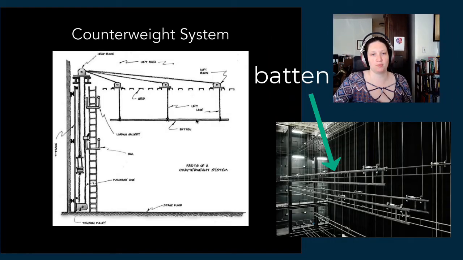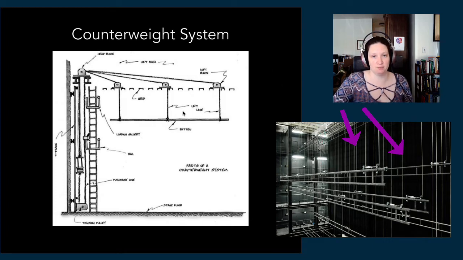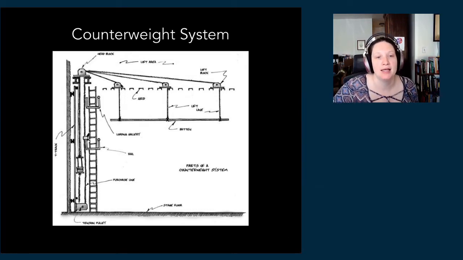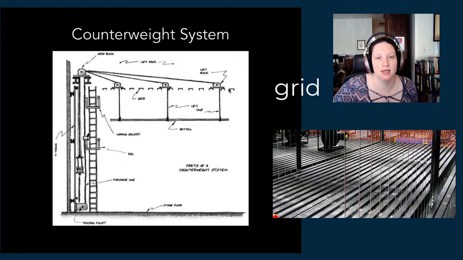Okay, so we have, same as when we talked about the hemp system, a batten. That's our horizontal pipe. Okay, we have lines that connect that batten to the fly system. Those are called lift lines, right? They're lifting the pipe into the grid. Okay, then the grid is this row of horizontal steel beams where all of these loft blocks are fixed.